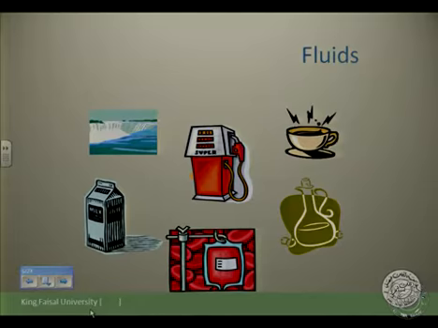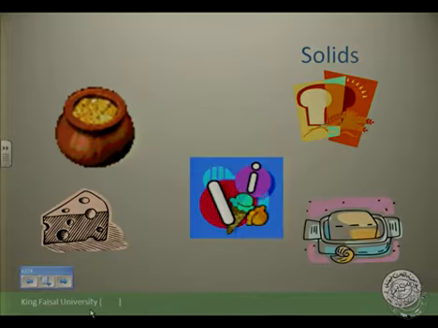We have fluids like coffee, petroleum, milk, water, what else? And a lot of these fluids, solid things like minerals, cheese, bread, ice cream.